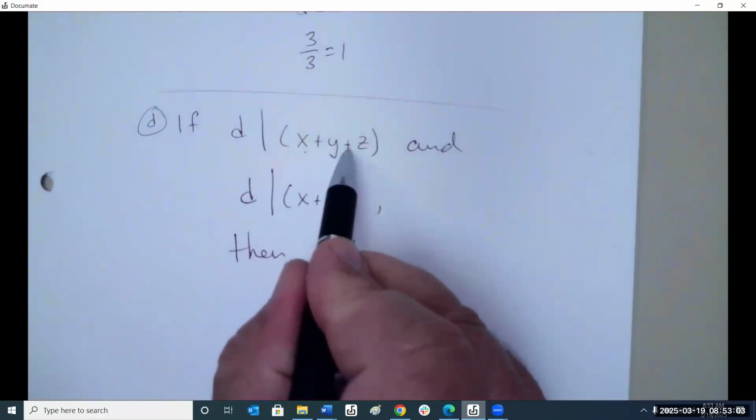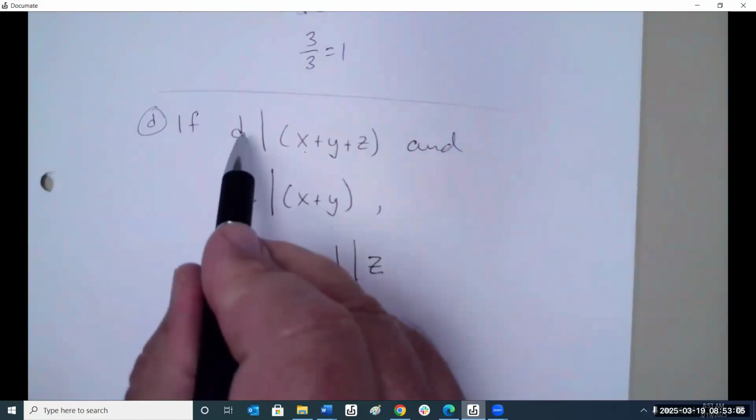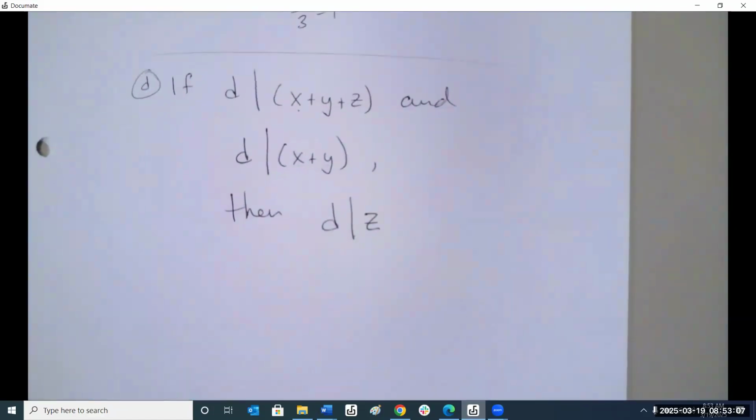We have to use the same numbers X, Y, and Z for all of these, and the same number D. Can you think of an example where that's not true? Before you start spitting out answers, work out your examples first, because I'm going to ask you why.